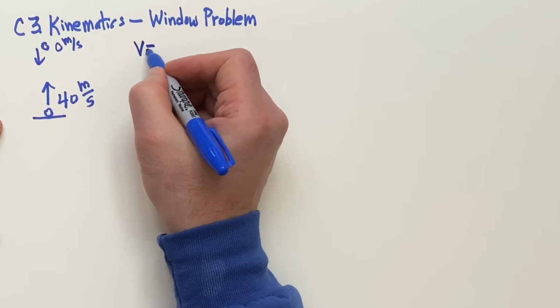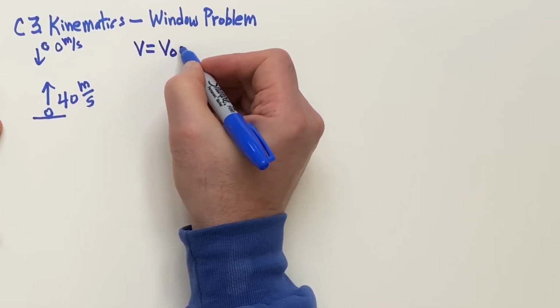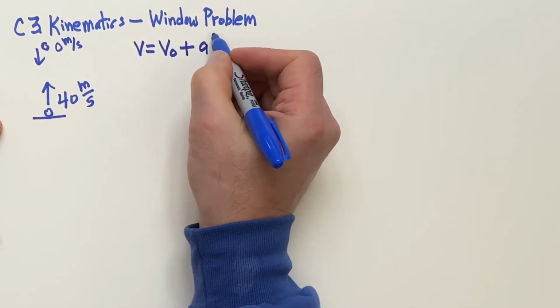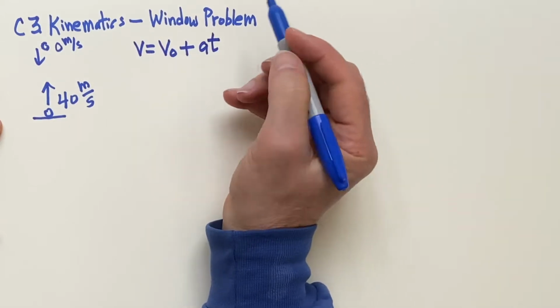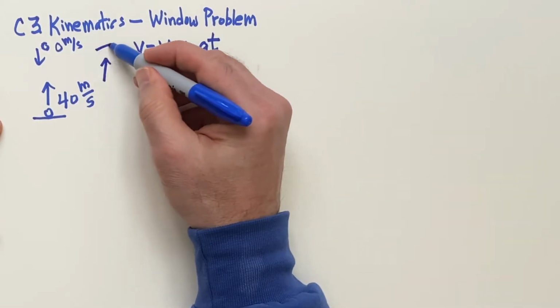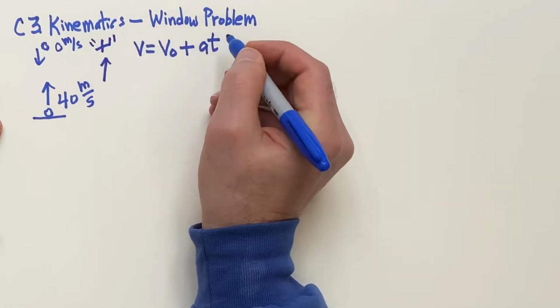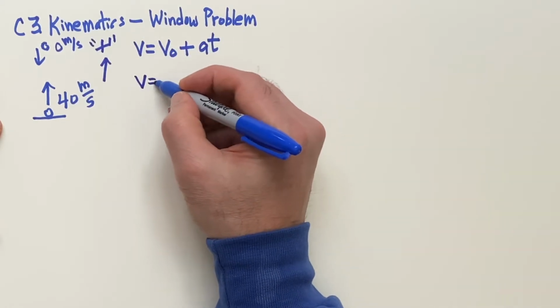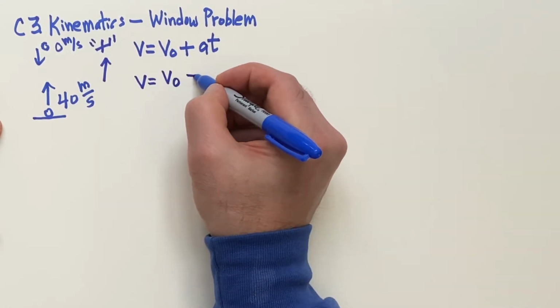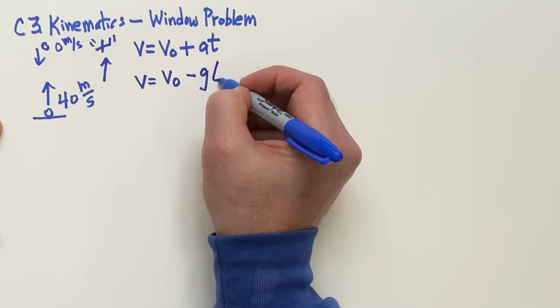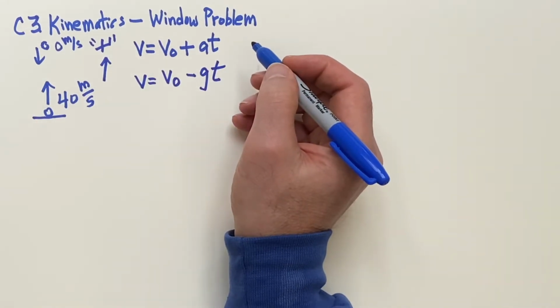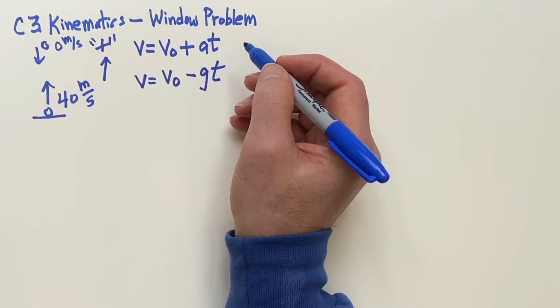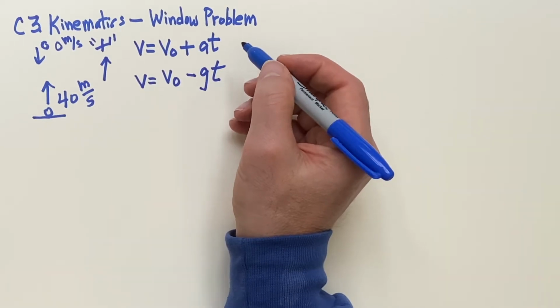The velocity is the initial velocity plus at. Now, in this case, I'm going to pick up to be positive, and that means I'm going to have a minus g for the acceleration, because the g is going to point down. The gravity's going to pull you back to Earth.